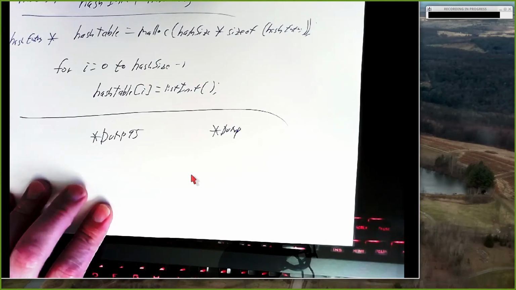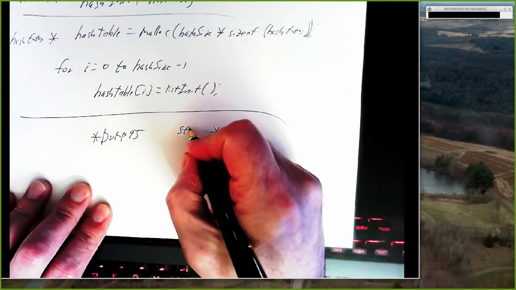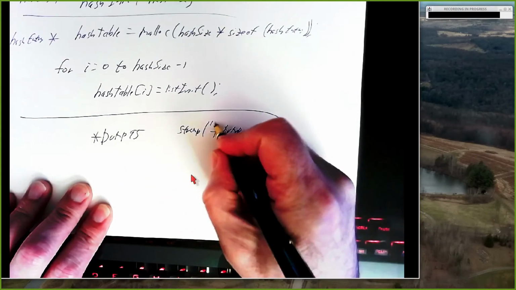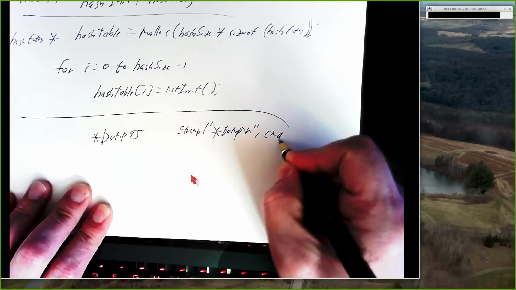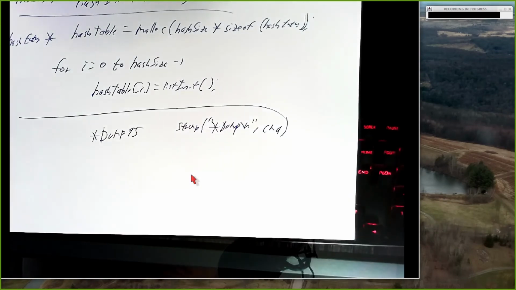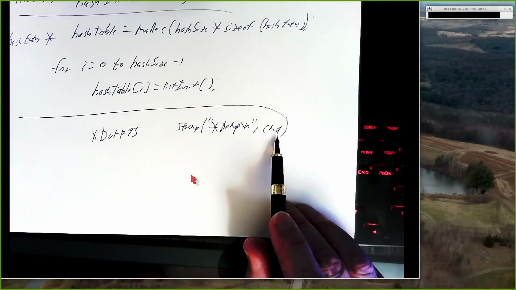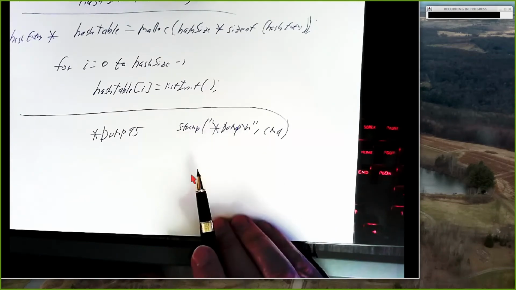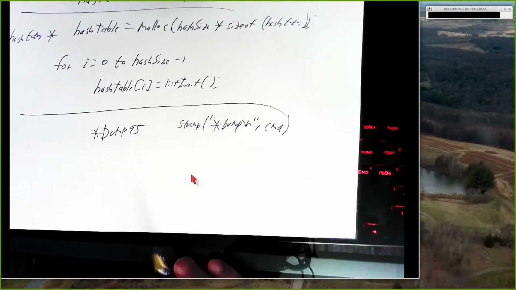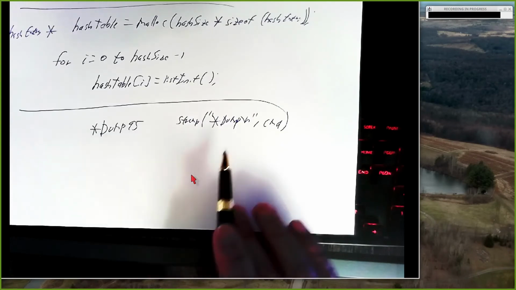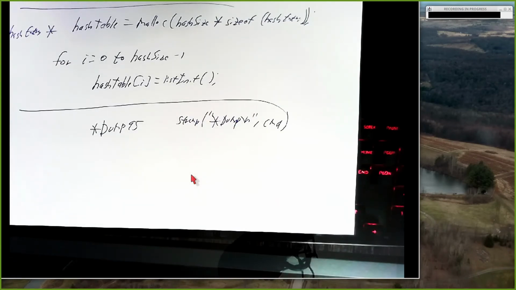But for parsing user input, if we're looking for the string dump, you can use something like string compare. If you're using the fgets command, and remember there's a new line at the end of what fgets ingests and returns, you can just string compare what the user typed in with star dump \n, and that'll tell you if they typed exactly star dump with nothing else after it. And if they type star dump space, this will not match. If they type star dump 95, this will not match, right?